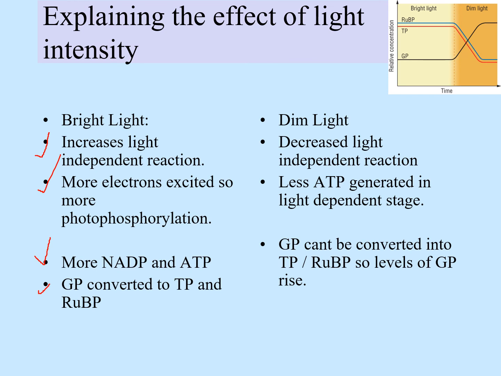In the dim light, you've got decreased levels of the reaction because less ATP is generated in the light dependent stage, and GP cannot be converted into TP or ribulose bisphosphate, and therefore your GP levels build up as a result because they're being stored and they can't move any further into the other ones.